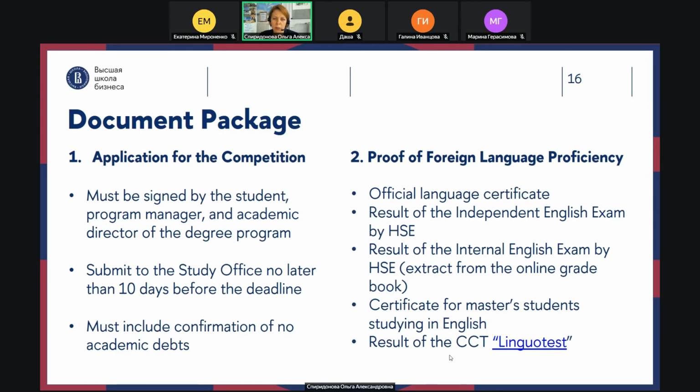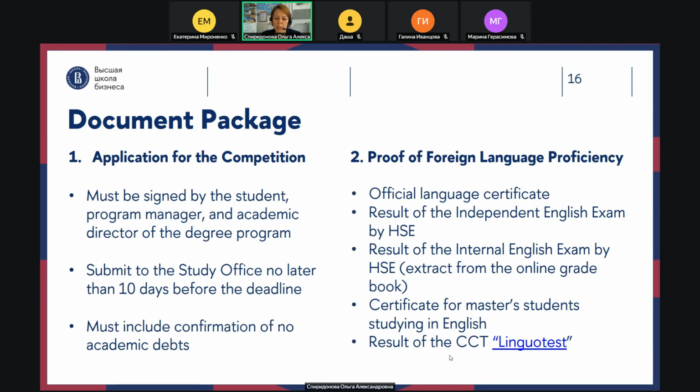You can prove it in different ways. You have several options. It can be any of these documents that are listed. It can be any official language certificate accepted in Russia, so IELTS, TOEFL, or some other certificate that is accepted here in Russia, or a result of the independent English exams by HEC, or a result of the internal English exam, or a certificate for master's students studying in English, or master's or bachelor's students studying in English if you have this English language program.